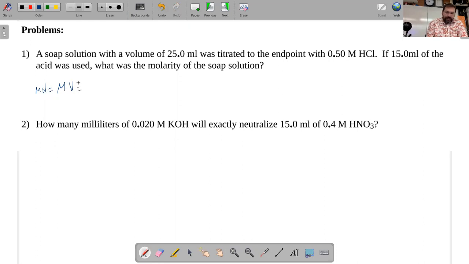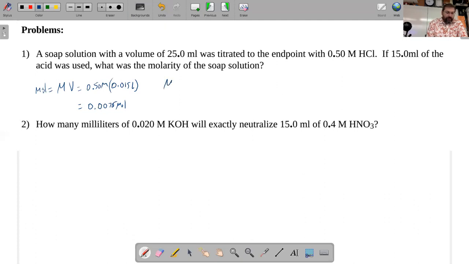Now the molarity is 0.50 molar, then the volume has to be in liters, 0.015 liters, and that comes out to be 0.0075 mole. It's half of 0.015 is 0.0075 moles. And then that number of moles is the number of moles that goes with this volume.